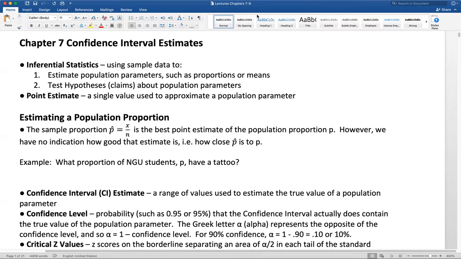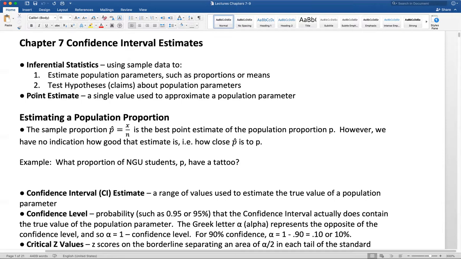It's impossible to figure out those parameter values directly, so we use sample data to approximate them. The second use is hypothesis testing, or claims about population parameters.